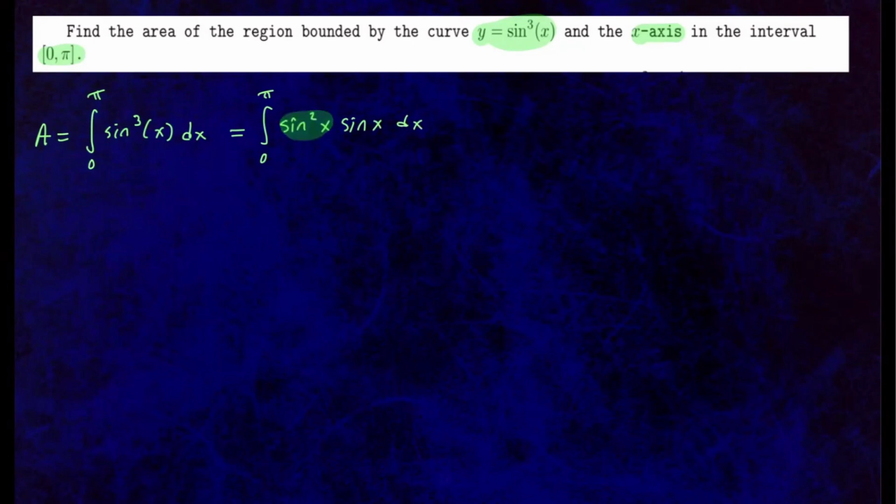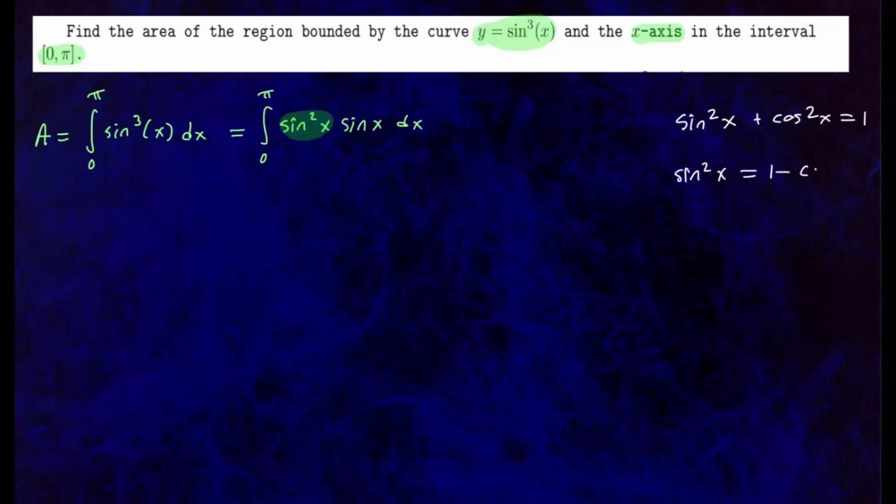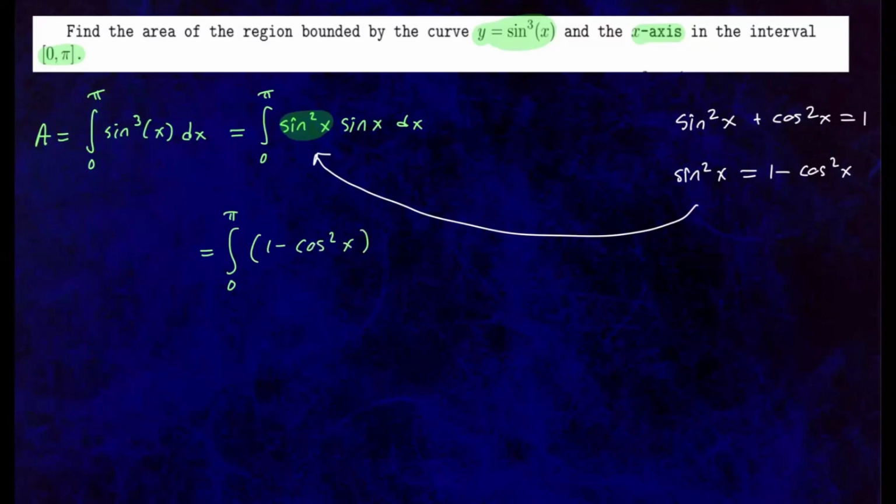Recall that sine squared of x plus cosine squared of x is equal to 1. If you want to solve for sine squared of x, we subtract cosine squared of x on both sides. So sine squared of x is equal to 1 minus cosine squared of x, and that's what I'm going to replace right here. Then our integrand becomes the integral from 0 to pi of 1 minus cosine squared of x times sine of x dx.